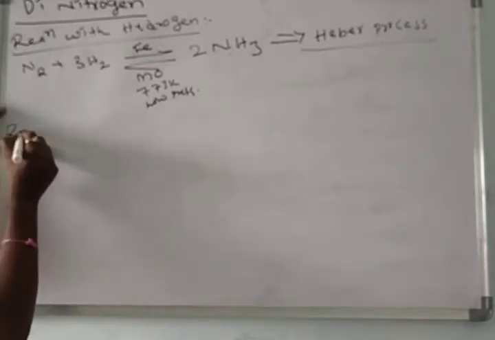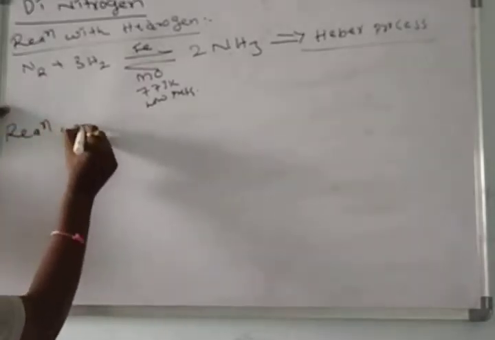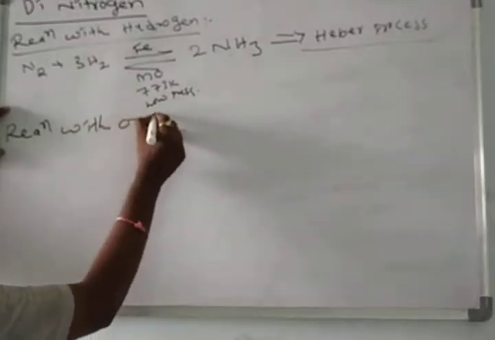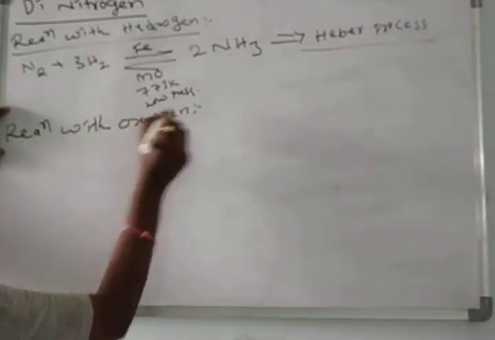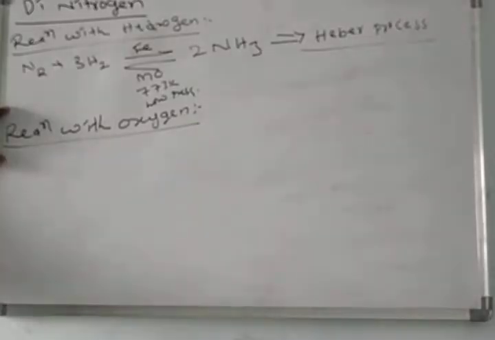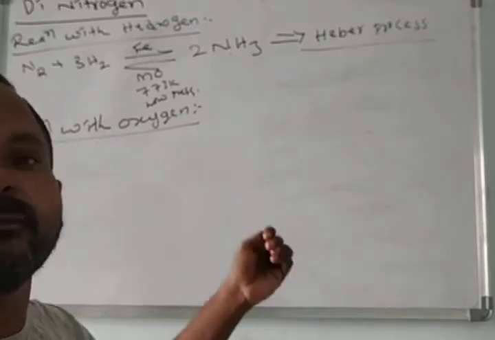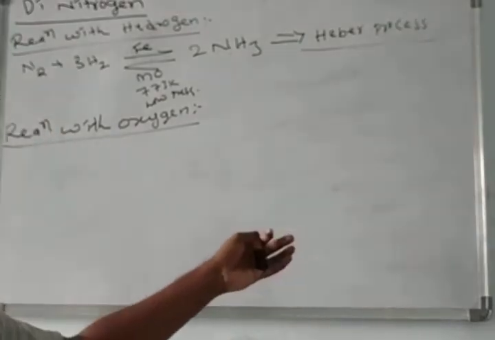And then in continuation we'll see the reaction with oxygen. Nitrogen and oxygen are both present in air, but they do not react with each other. Why? Due to the high bond enthalpy and the half-filled electronic configuration of nitrogen.